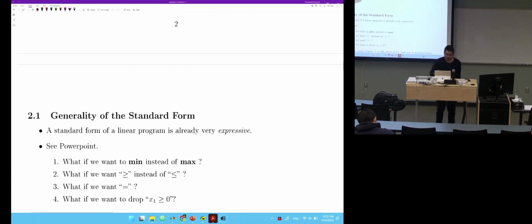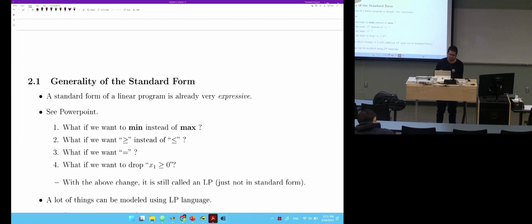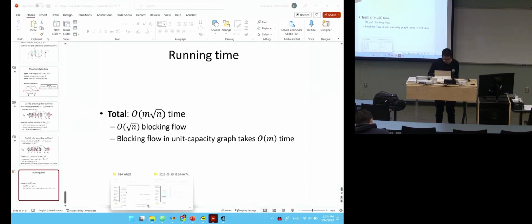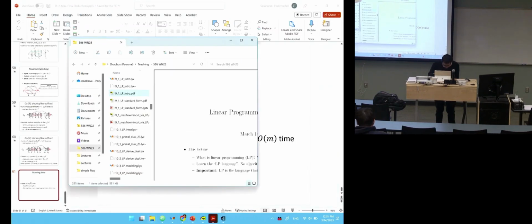Okay. So now let me tell you that this standard form of linear program is actually very expressive. Why is that? Well, let's see.